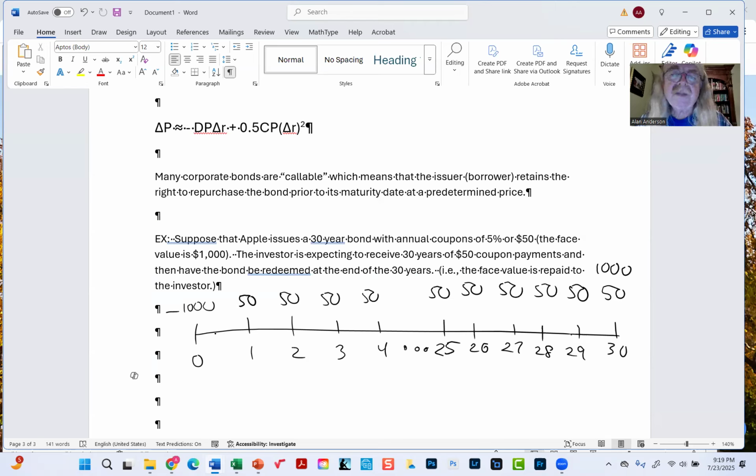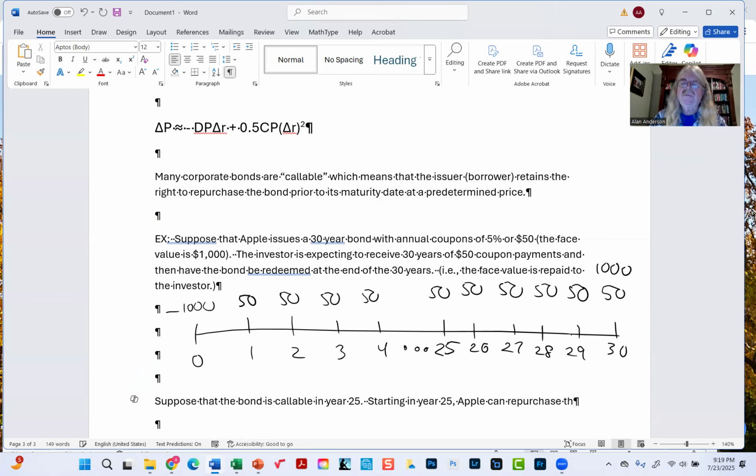But if the bond is callable, let's say in year 25, what that means then, starting in year 25, Apple can repurchase the bond for, let's say, a call price, which is often face value plus one coupon, or $1,050.